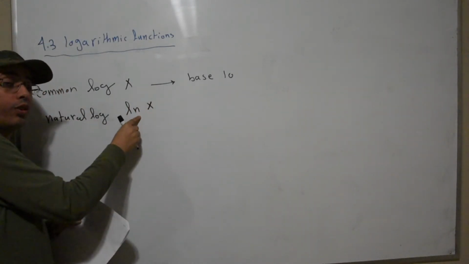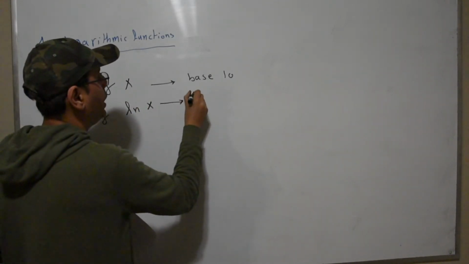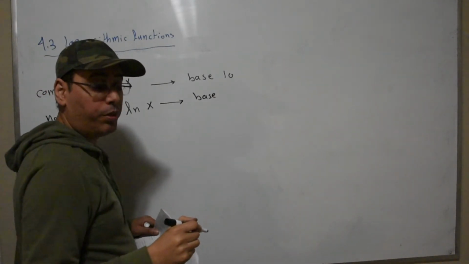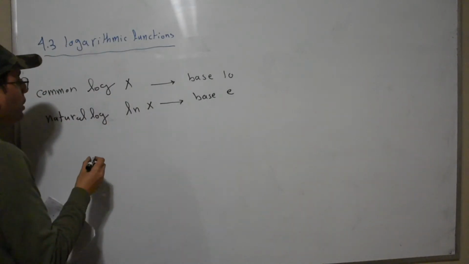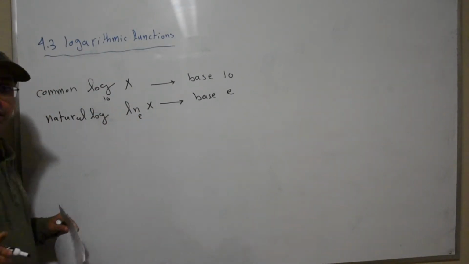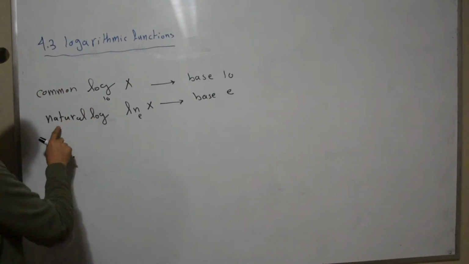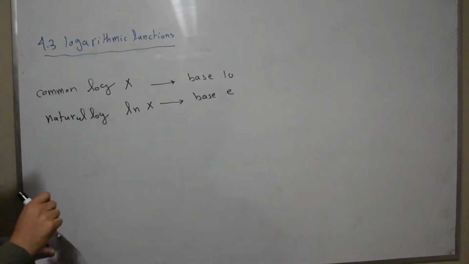When I don't write the base here, it means the base is the natural number we had the last time, which is e. So basically there is a hidden 10 and a hidden e. Okay, I hope that this is clear. So I call this the common log and this is the natural log. And of course I don't write that.